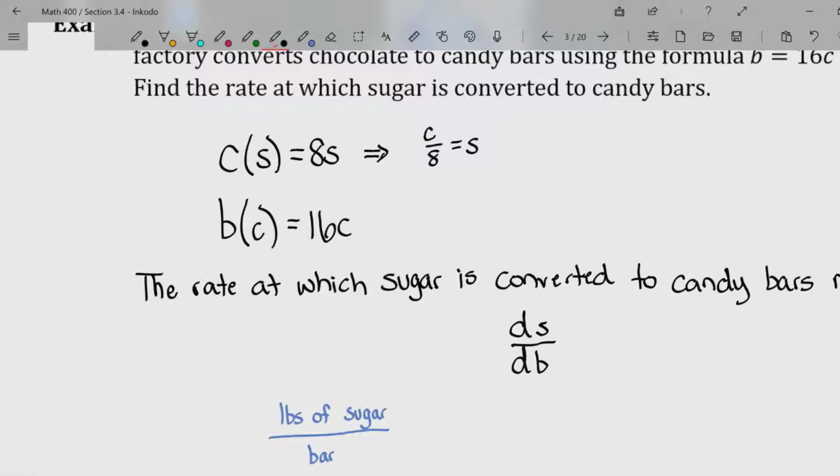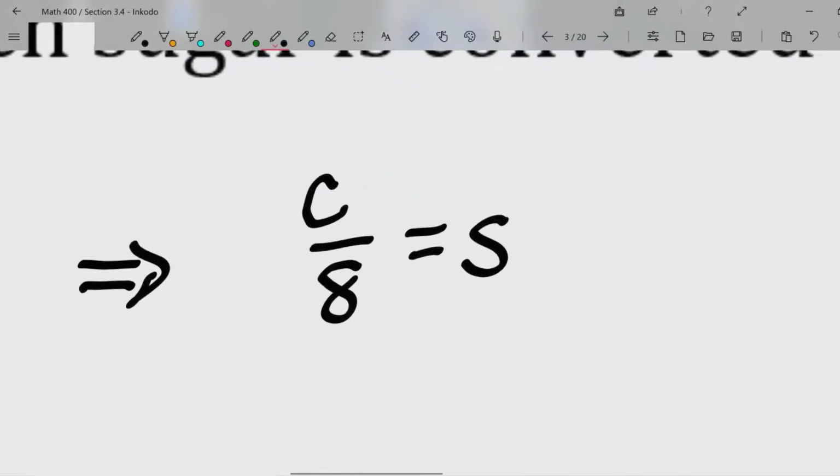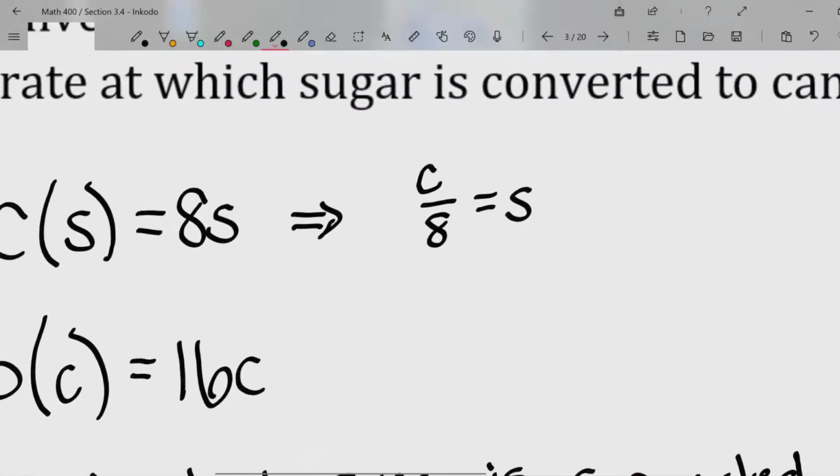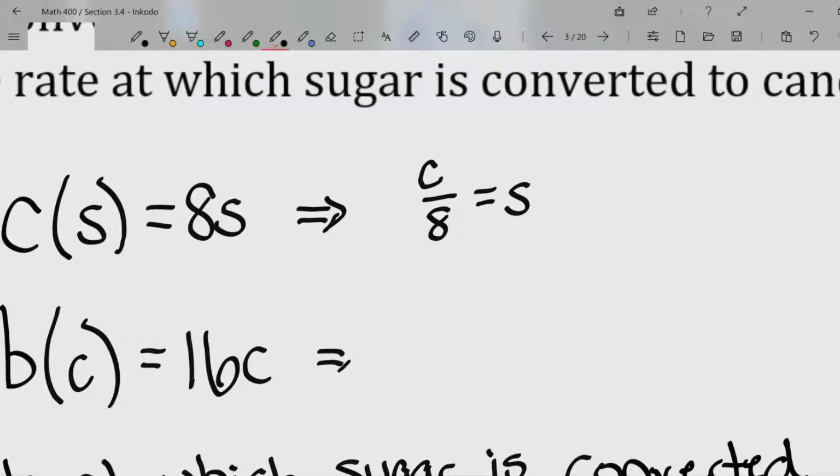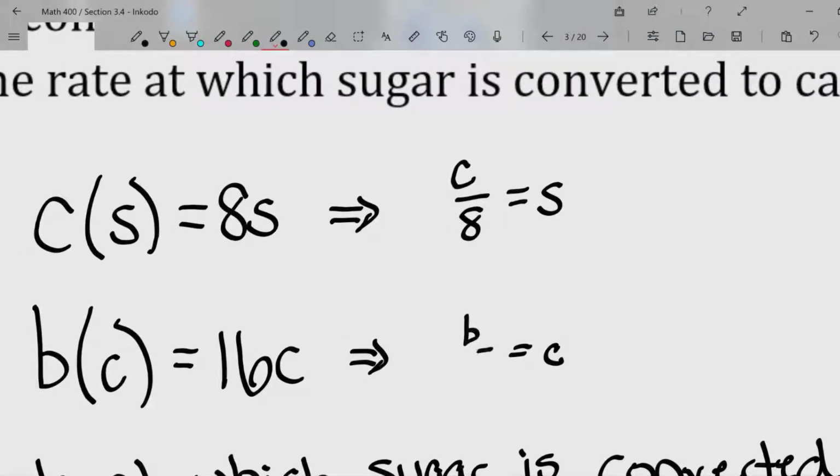But that's a problem. We have sugar in terms of chocolate, not in terms of bars. The chocolate will be converted to bars right here. Chocolate is equal to bars over 16. So I first have to convert that sugar to chocolate before I can convert that chocolate to bars. I hope you're with me on that, but think about it mechanically.